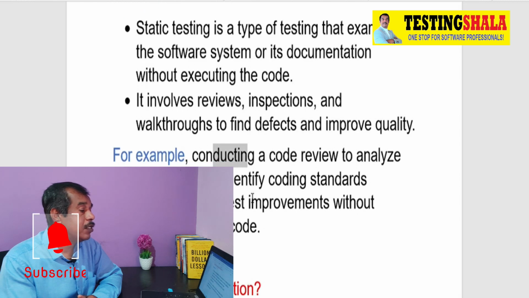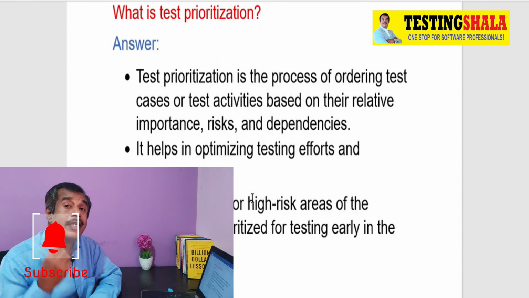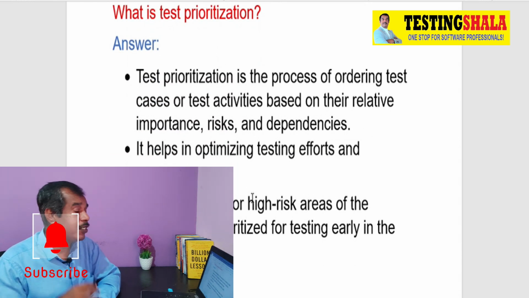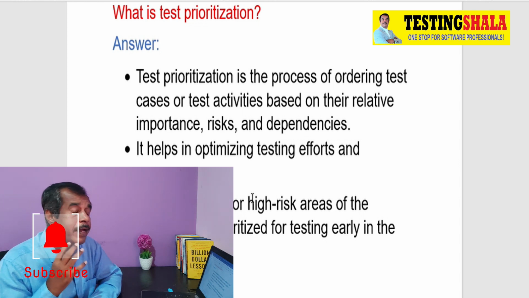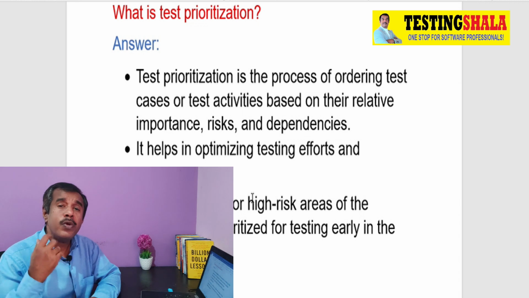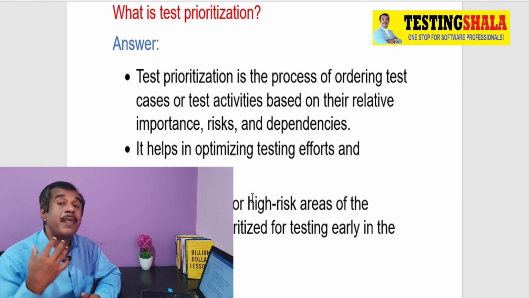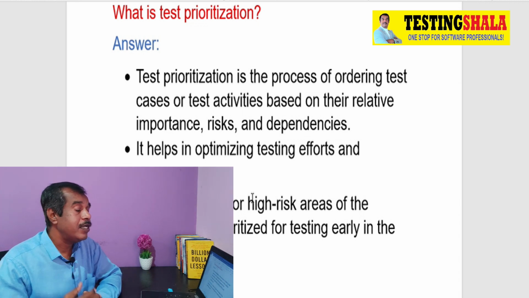And the next question is, what is test prioritization? Test prioritization is a very important process in any testing project, where we prioritize the test cases based on criticality, risk, or dependencies.